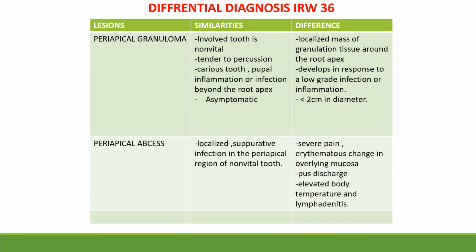With periapical abscess, the similarity is that it is a localized suppurative infection in the periapical region of a non-vital tooth, and the difference is severe pain, erythematous change in overlying mucosa, pus discharge, elevated body temperature, and lymphadenitis.